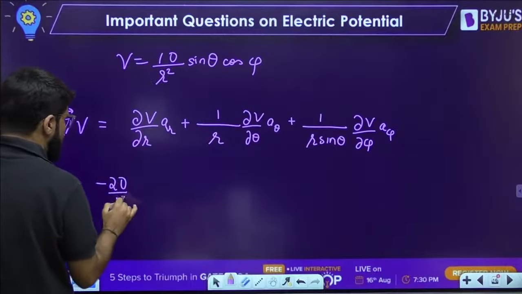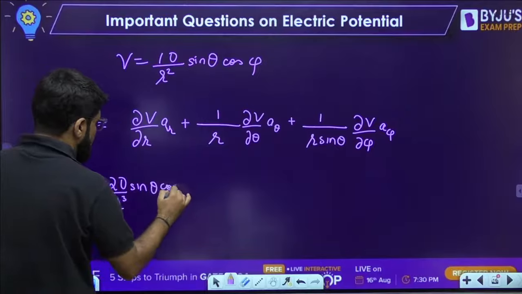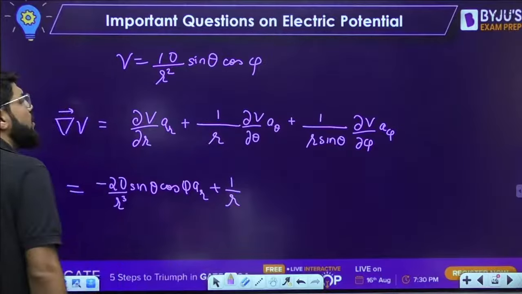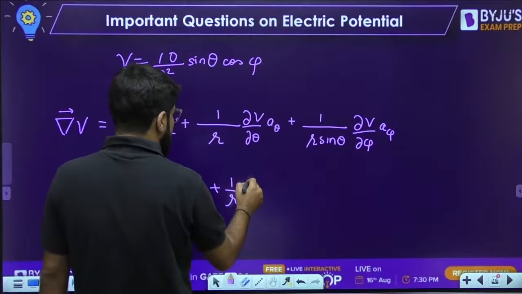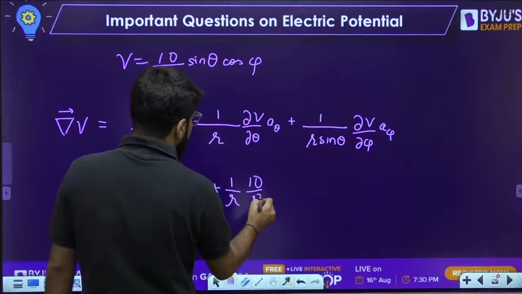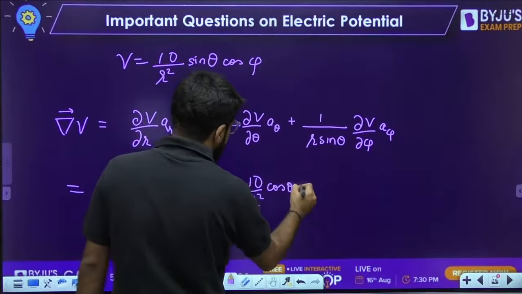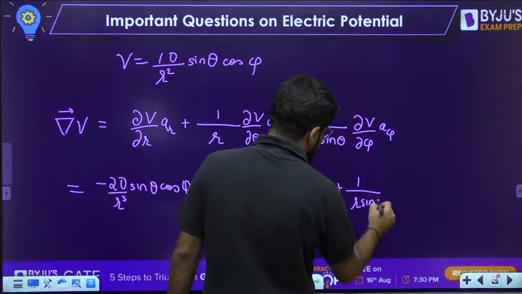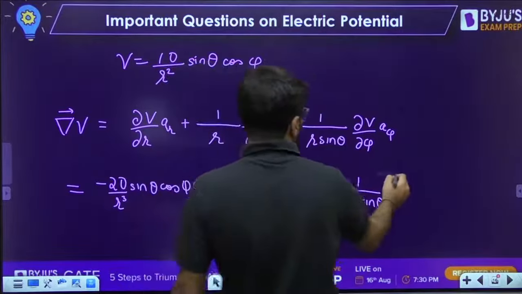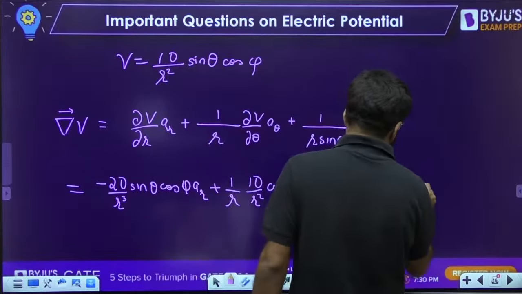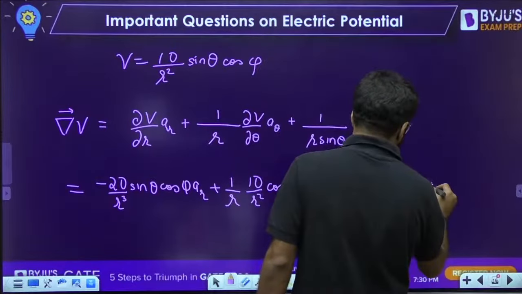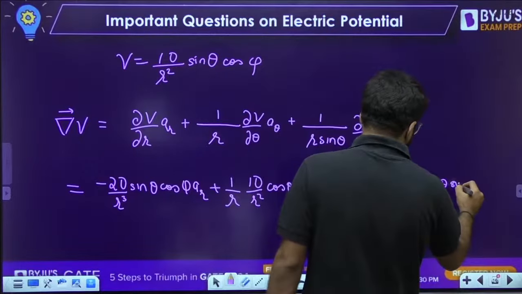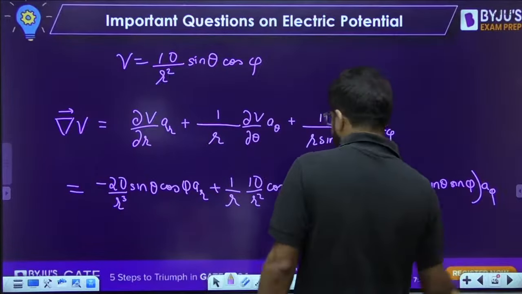So this becomes minus 20 by r cube sin theta cos phi ar plus 1 by r del V by del theta. Differentiation of sin theta will be cos theta. So 1 by r into 10 by r square cos theta cos phi, plus 1 by r sin theta, differentiation with phi, cos phi derivative will be minus sin phi, so minus 10 by r square sin theta sin phi a phi.